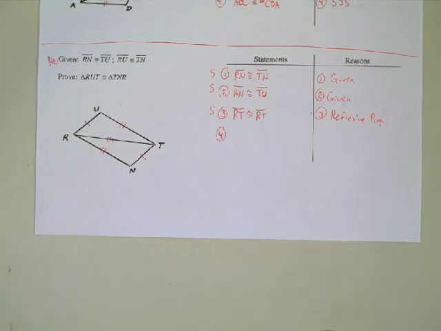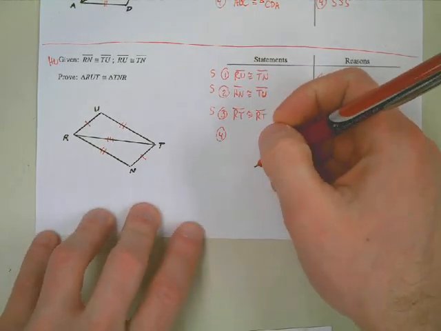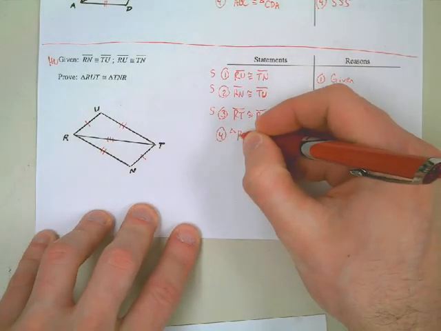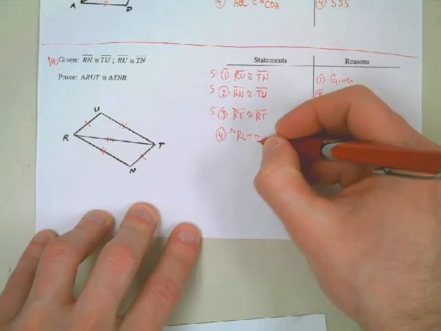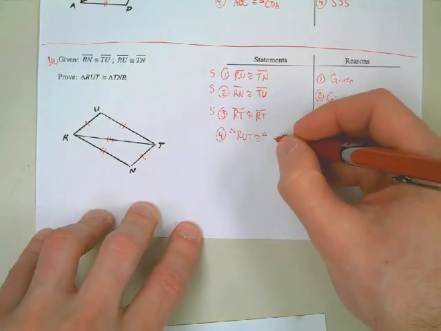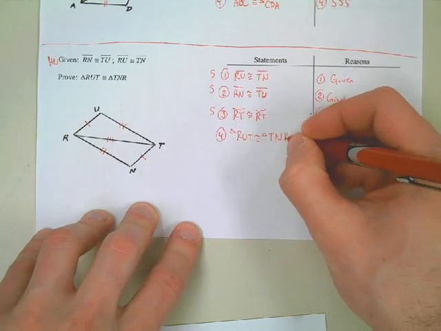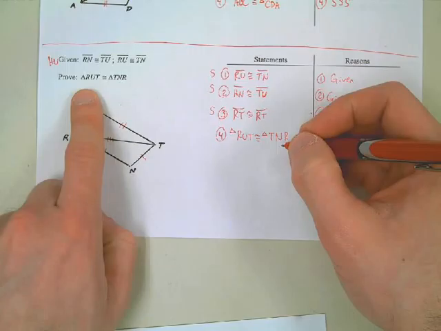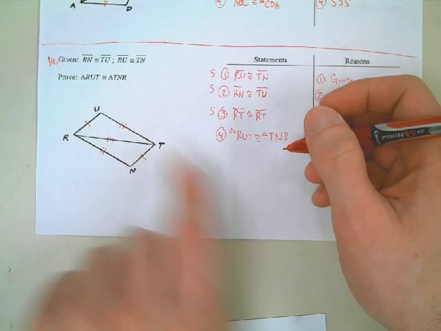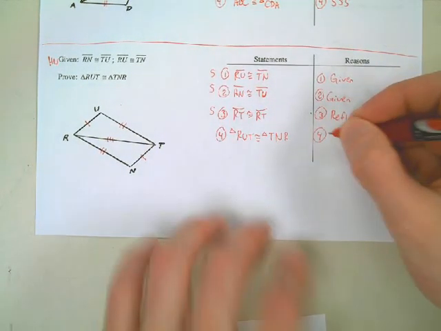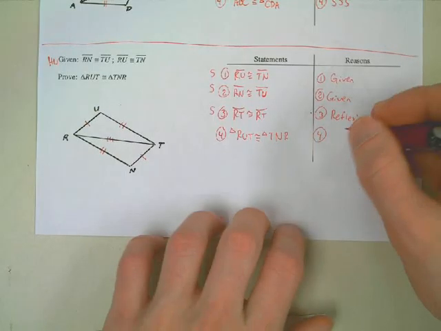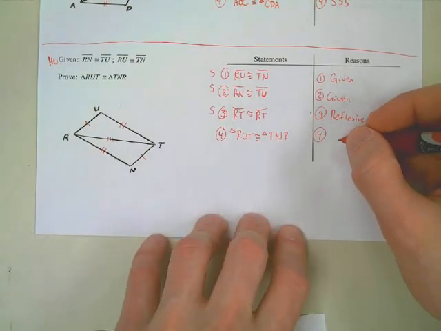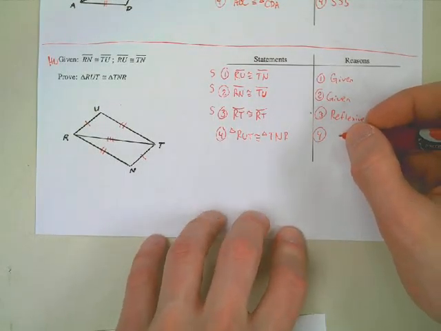How can we name these two triangles congruent? Triangle RUT. What? Triangle TNR. And folks, if it's tricky for you to try and put it in the right order, it gives it to you right here, in the right order. So you don't even have to worry about that. And then what's our reason for that, Eric? All the sides are equal. Right. So side-side-side.